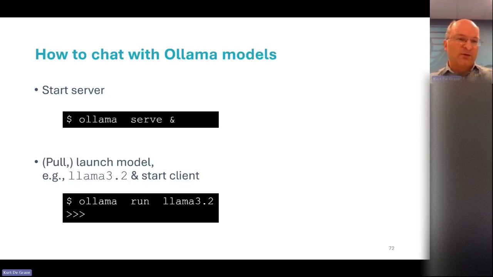So how does it work? You can start a server with or without an ampersand at the end, depending. The ampersand runs it in the background, and without the ampersand, you get the output and the log of the server, but then your shell is occupied.